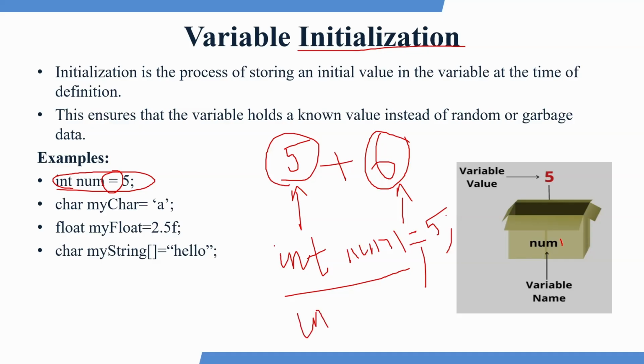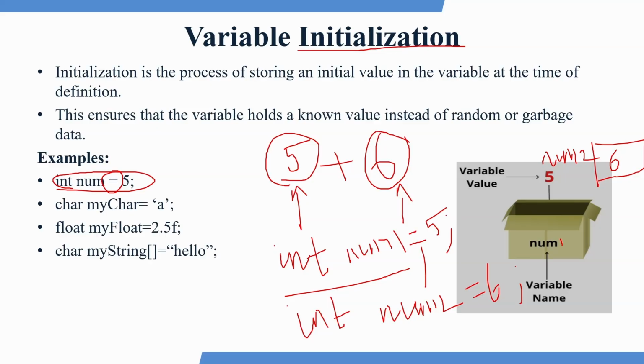So I am declaring another variable, int num2 equal to 6. I have initialized the value as 6. So another box with the value 6 is stored, and the name of the box is num2. This is how we can initialize a value.